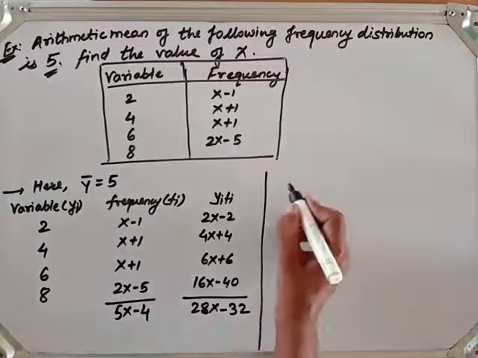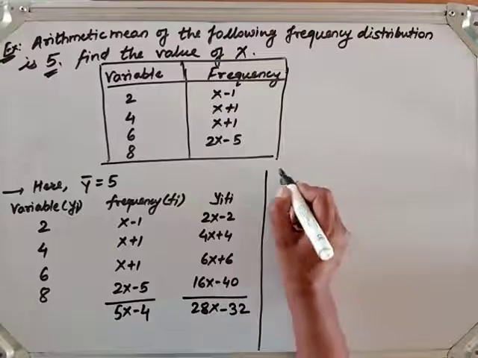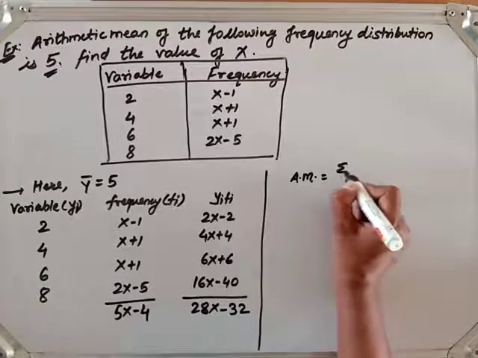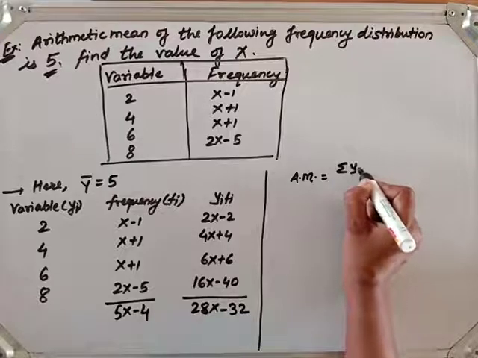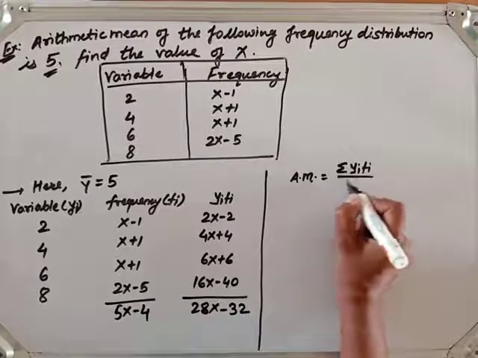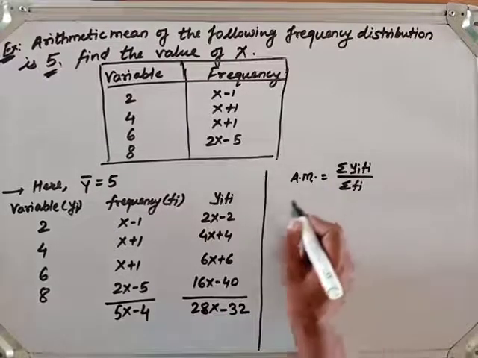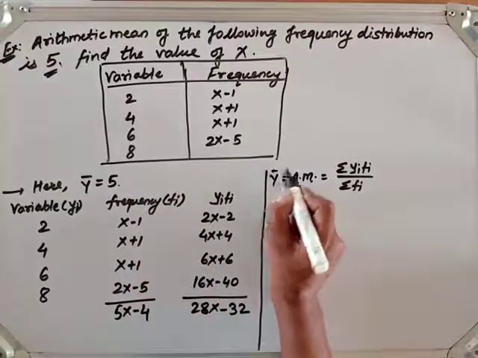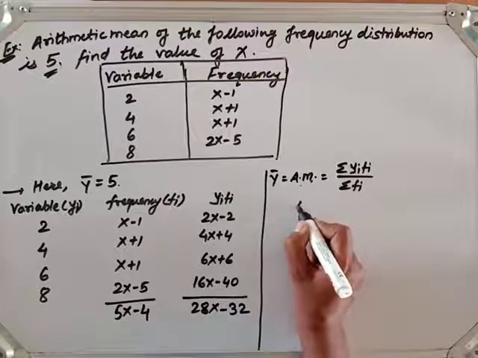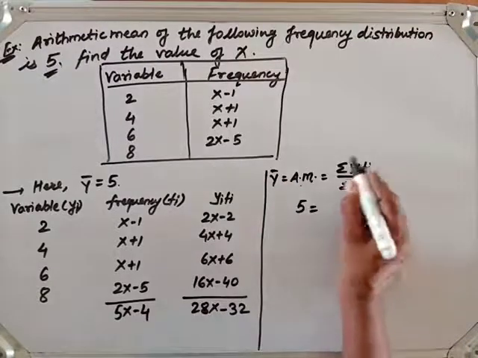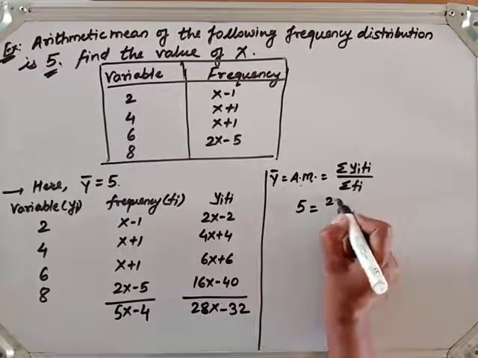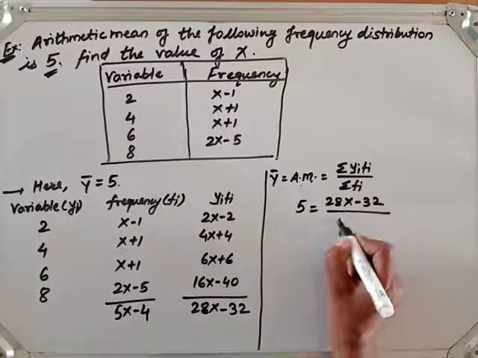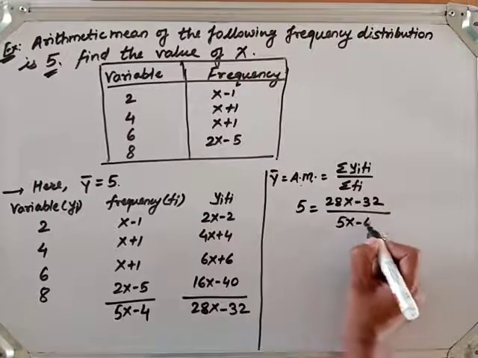Now let me use the formula: the arithmetic mean equals summation yi fi upon summation fi. Y bar is 5, so 5 equals 28x minus 32 upon 5x minus 4.